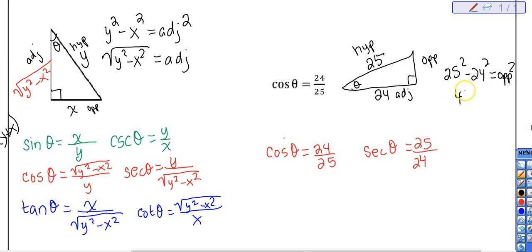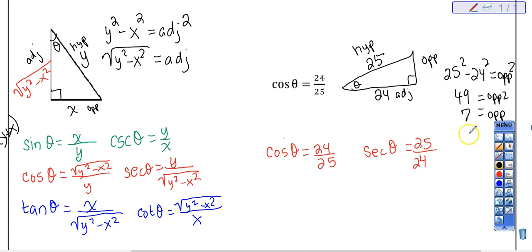The difference is 49. I forgot what 24 squared was. Oh, you know what? I don't do 24 squared often. So, and my brain's 46 years old almost. So 49 is opposite squared. Square root, opposite is 7. So this is another what we call Pythagorean triple, because all our sides are whole numbers, integers.